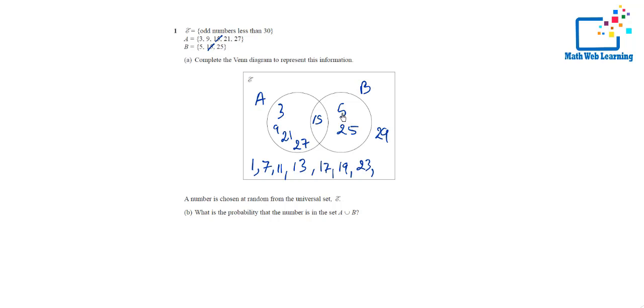So what we have to do is count how many numbers are inside this union A and B, or A or B, it doesn't matter. So it's going to be 1, 2, 3, 4, 5, 6, 7, and it's going to be 15 altogether. So up to 15. So that's how we do it.